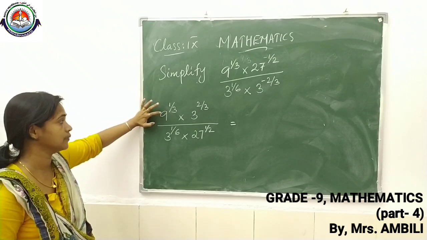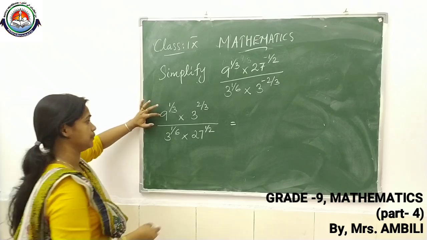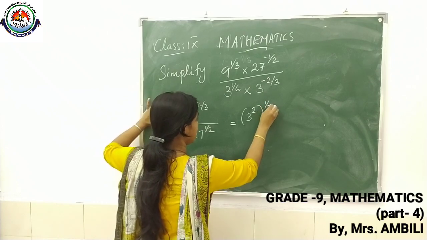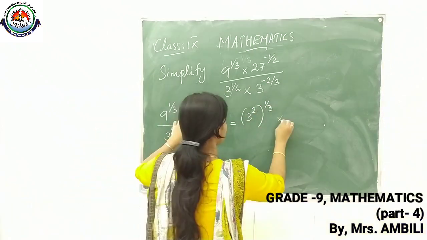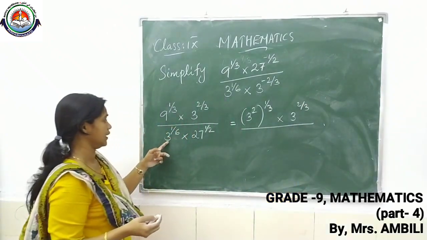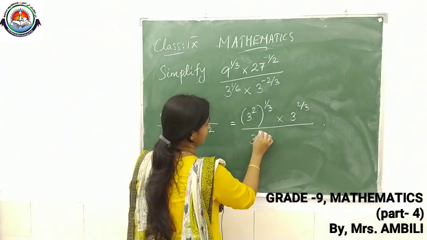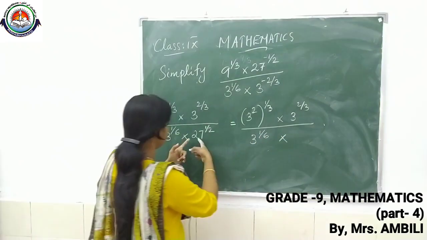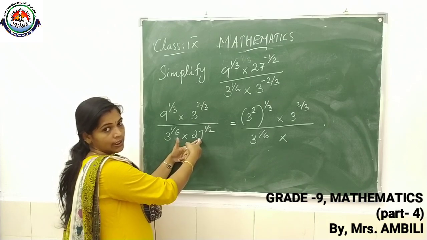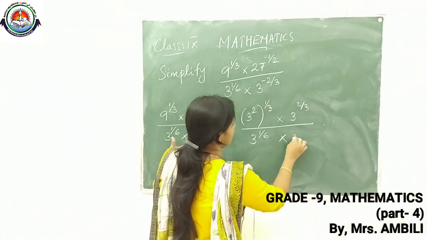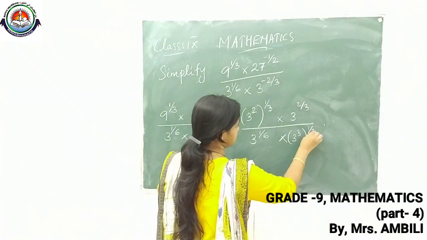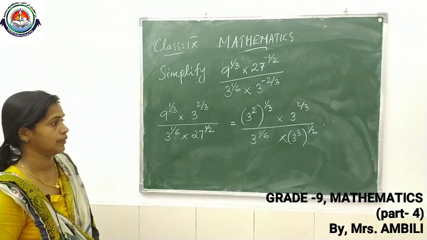How can we change 9? 3 square. 3 square raised to 1 by 3 into 3 raised to 2 by 3 divided by here 3 raised to 1 by 6 into this 27. 27 we can write as 3 cube. 3 cube raised to 1 by 2.